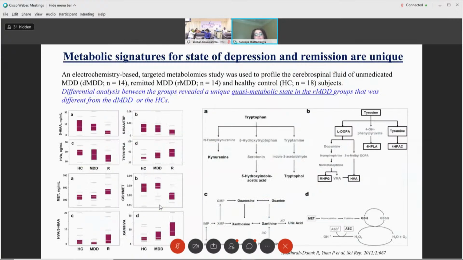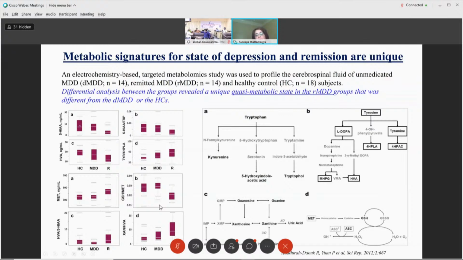So this one study, which was a small study, showed us for the first time that people who got remission from the disease did not exactly go back to the healthy control level. On the left-hand side, you can see these box plots.